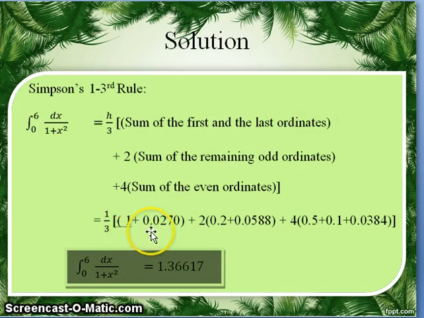It is found to be 1 plus 0.0270 plus 2 into the odd ordinates which we got from the tabular column, 0.2 plus 0.0588, plus 4 into the even ordinates of y which we got from the tabular column, 0.5 plus 0.1 plus 0.0384. If you simplify all these values, you can get the final result of the Simpson's 1/3 rule is 1.36617.